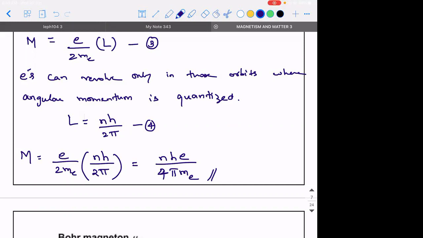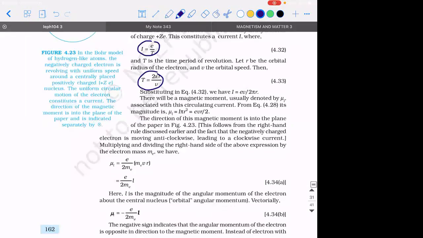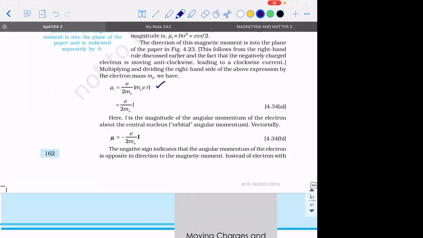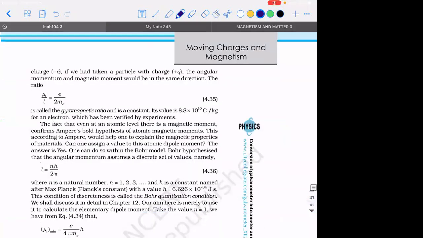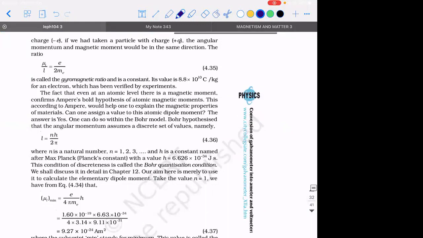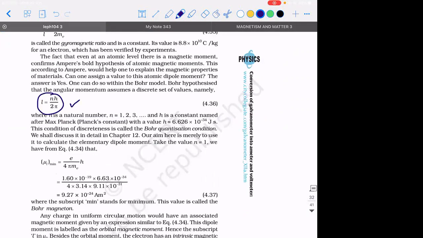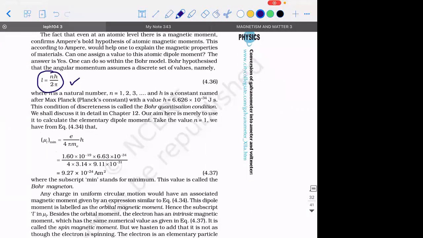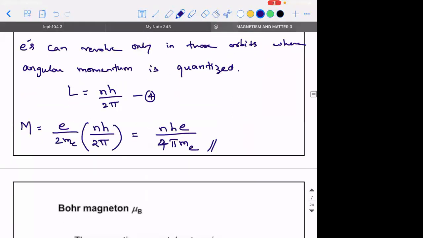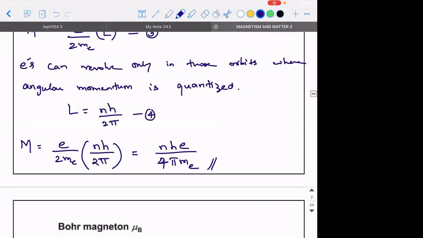Guys, are you able to understand? Let me show you the steps. This is the thing, angular momentum. He has told that the angular momentum is quantized, that is NH by 2 pi, and L is given as this value. So I've just given you a crisp version of it. For all other things, I explained it, right?